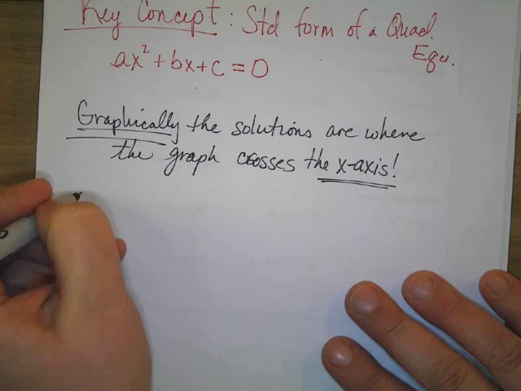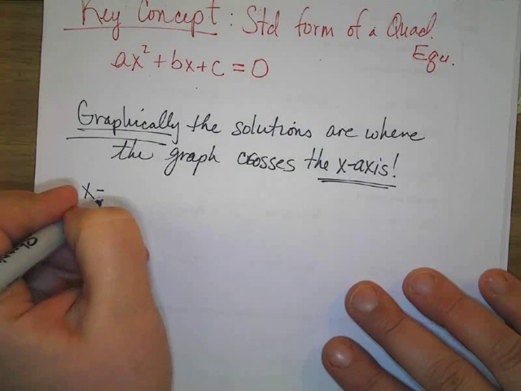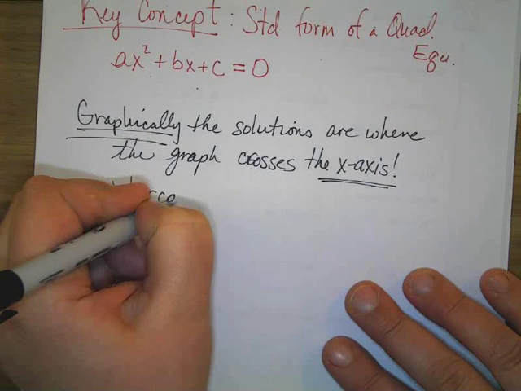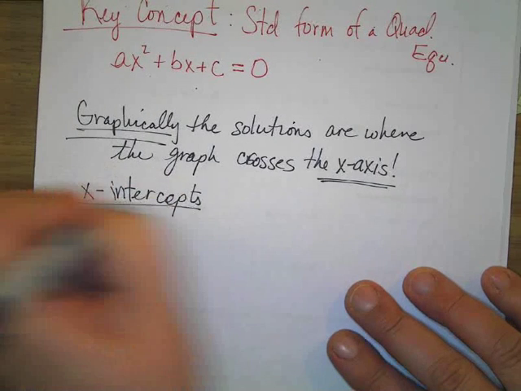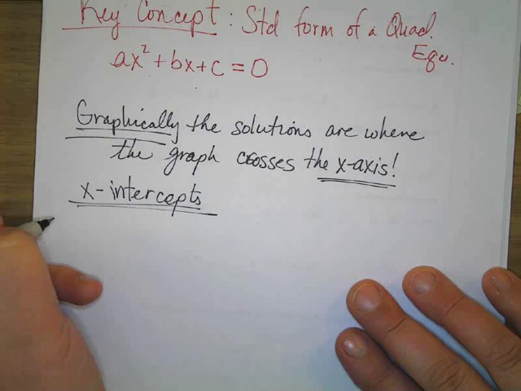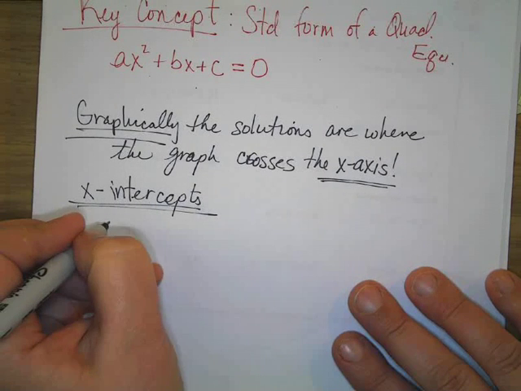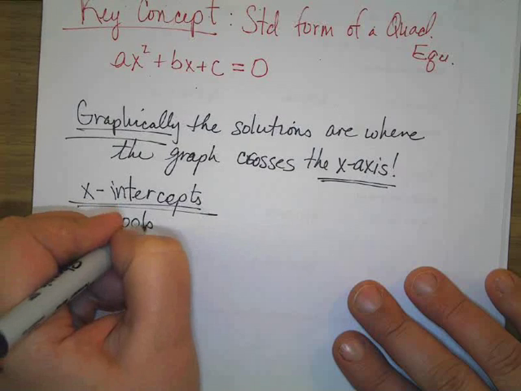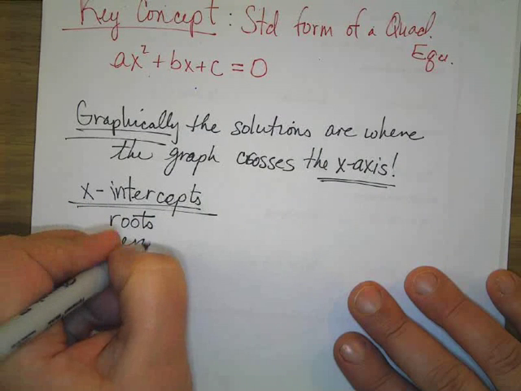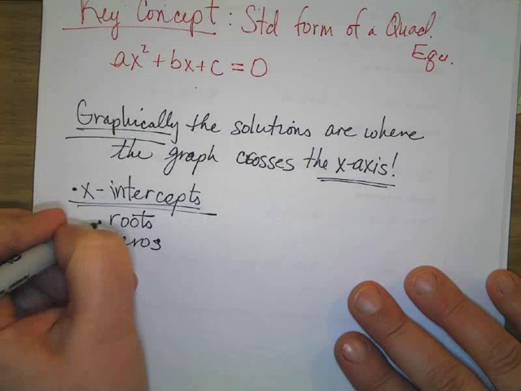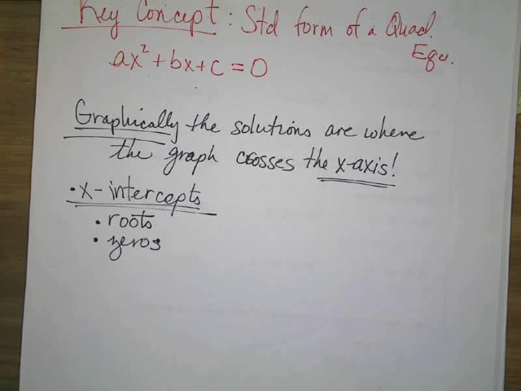The places where things cross on the x-axis are called the x-intercepts. A lot of times these solutions will also be called roots or zeros. These are all saying the exact same thing.